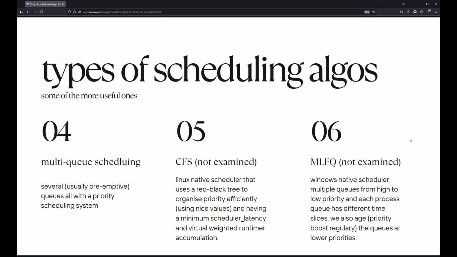But yeah, a minimum scheduler latency is one of the things that the CFS has. So, what do we mean by minimum scheduler latency? A minimum scheduler latency is basically the minimum time slice a process should have in order to prevent context switching.